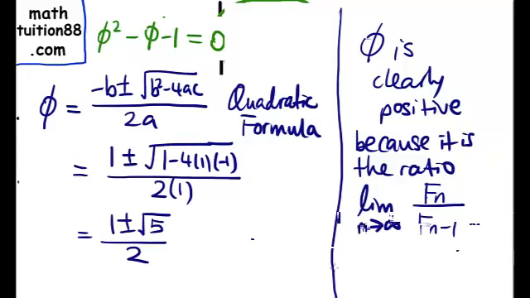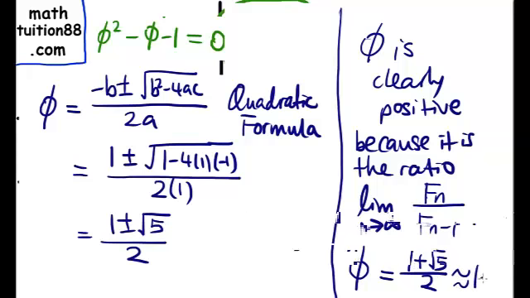So hence we have that phi is 1 plus root 5 over 2. So this is the golden ratio, which as we mentioned earlier is approximately 1.6.